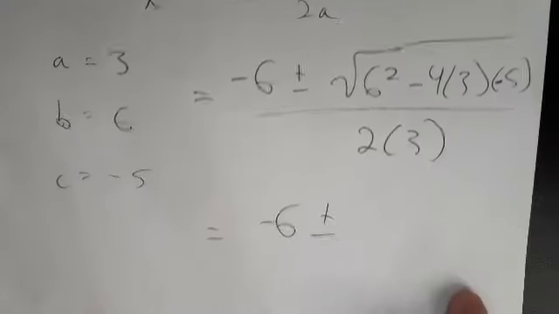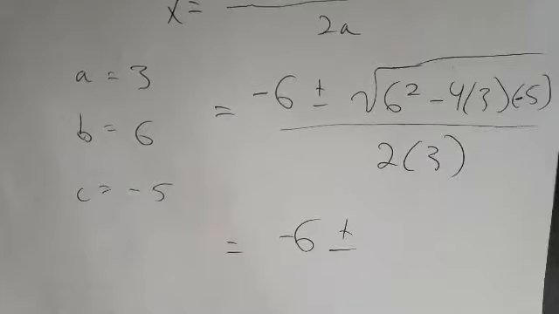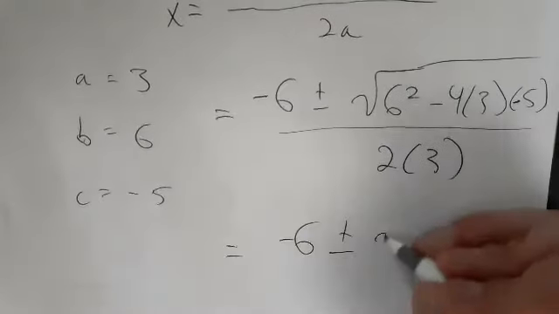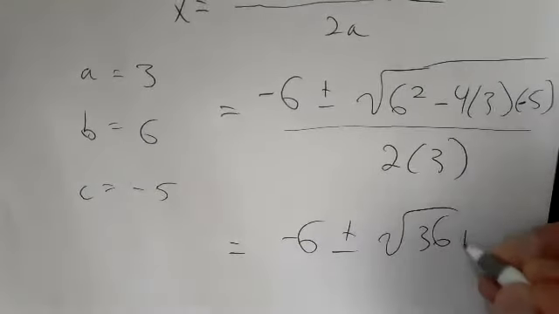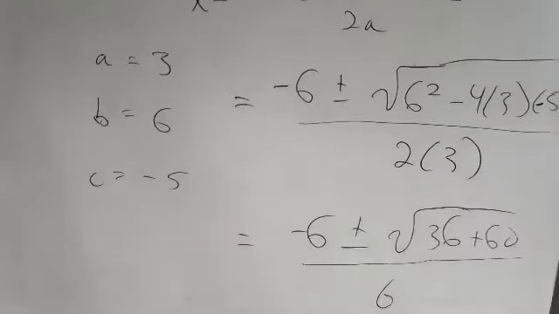So -6 plus or minus the square root of 36. Now instead of minus, I think it gives us 36 plus 16, over 3 times 2, which is still going to be 6.